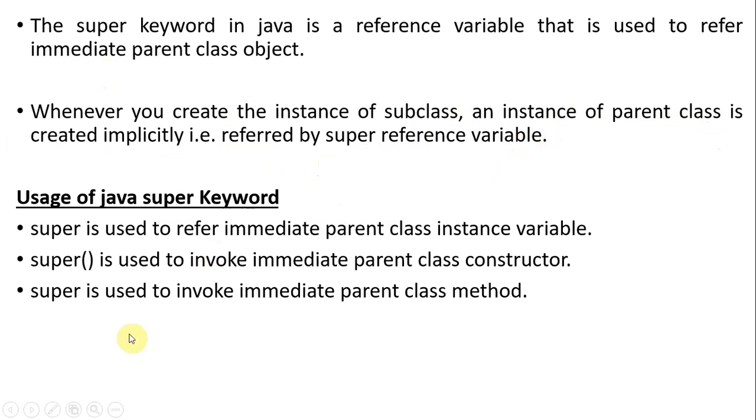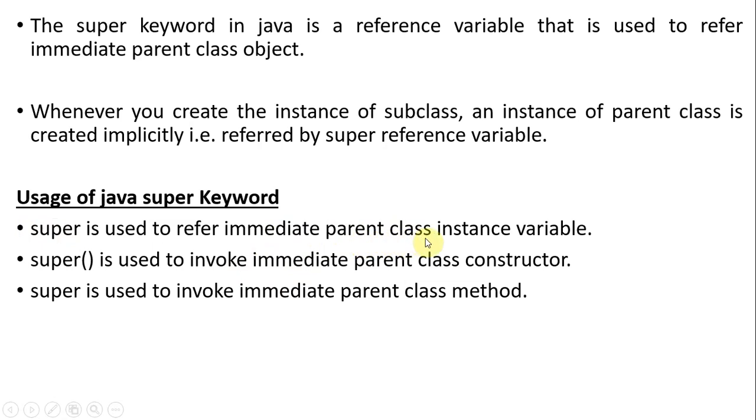When it comes to the uses of the super keyword in Java, three uses are there. One is that super is used to refer to the immediate parent class instance variable. Parent class is there, subclass is there, so we can use the super keyword in the subclass to represent the immediate parent. Immediate is very important.